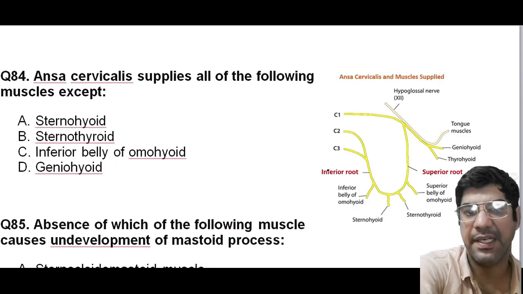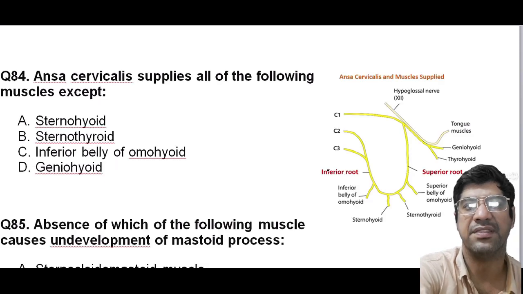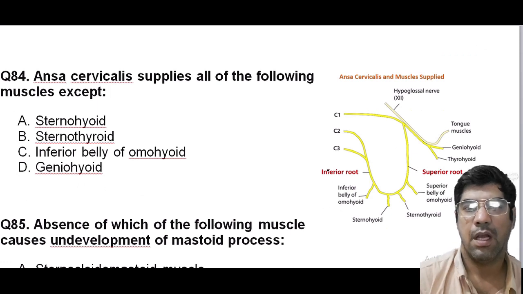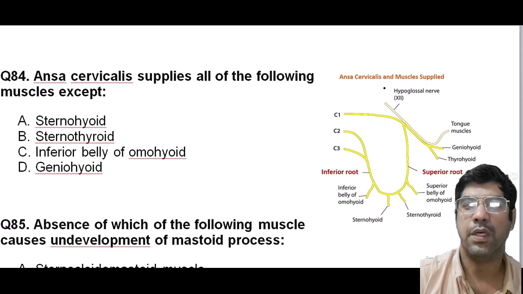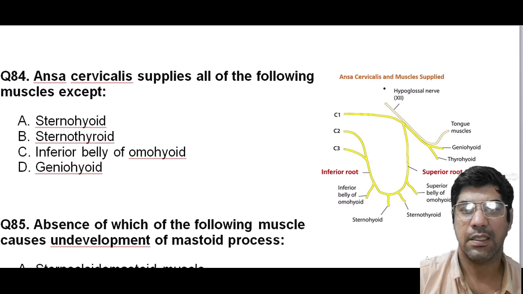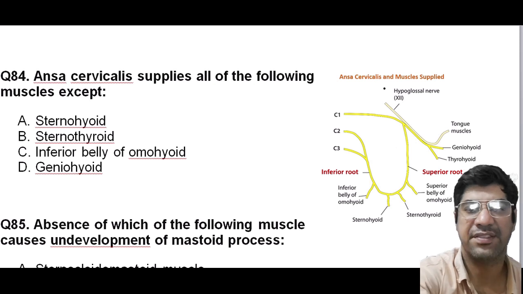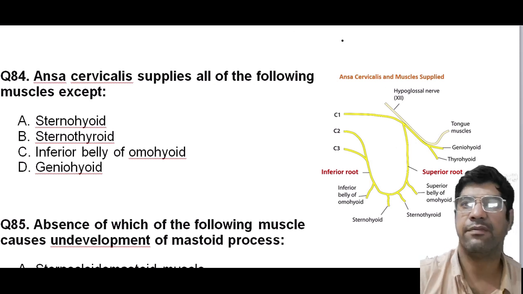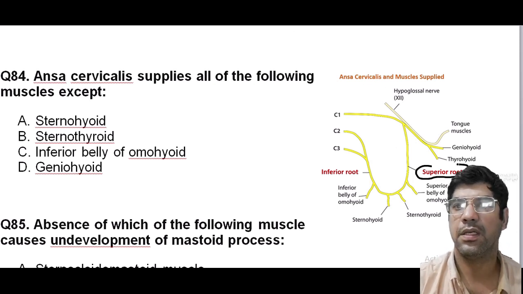The ansa cervicalis supplies all of the following muscles except. The term ansa cervicalis refers to a nerve loop or loop-like structure in the neck, in the cervical region. The ansa cervicalis has two nerve branches. One is the superior root and the other is the inferior root.